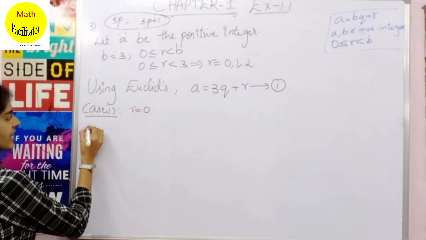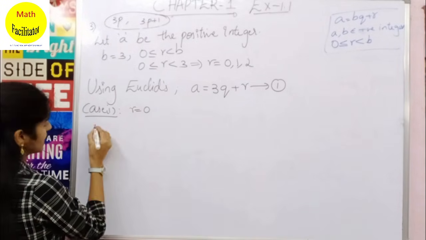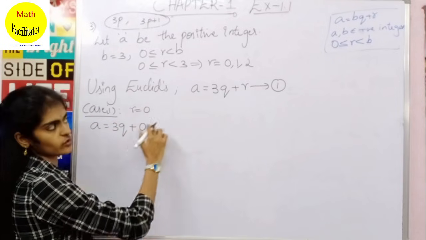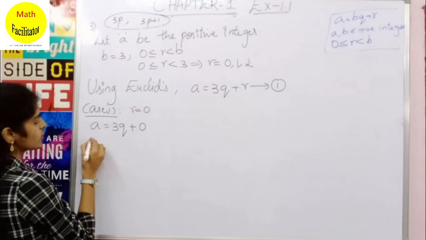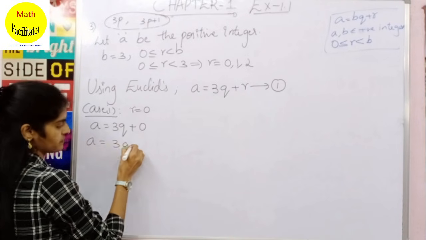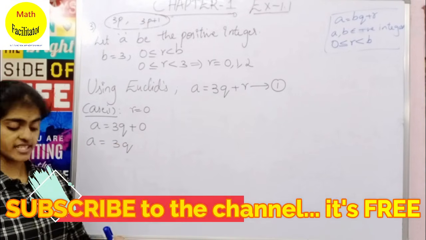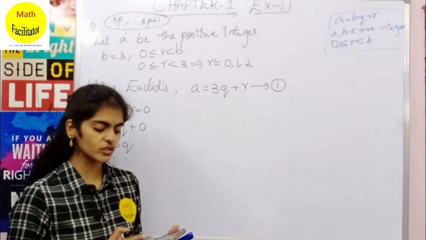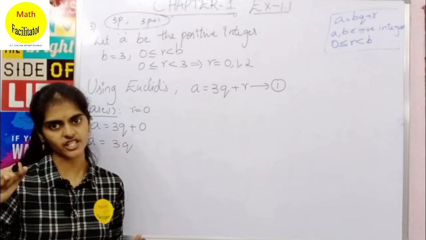So let us take the first case, case 1, when r equal to 0. When r is equal to 0, equation 1 will become a equal to 3q plus 0, substituting 0 for r. So a equal to 3q. But now just go back to the question. It is given that you have to prove the square of any positive integer.